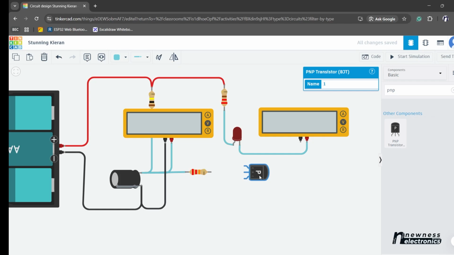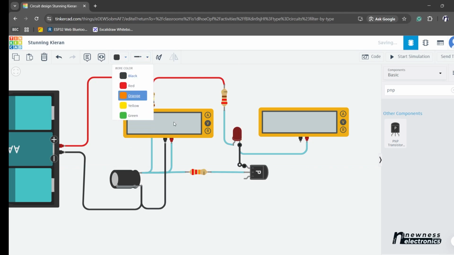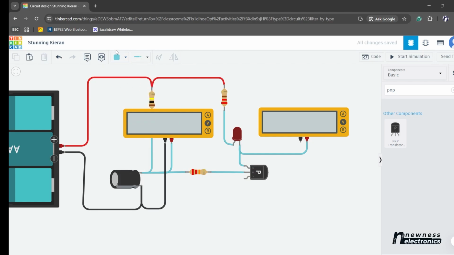So if we replace it with a PNP transistor in this manner, the collector goes to ground, the base to this resistor, the emitter to this junction, and oh, sorry about that. And the collector to ground.